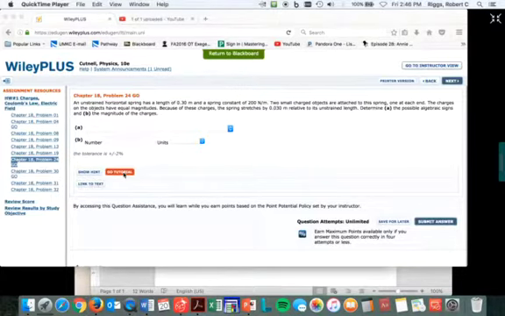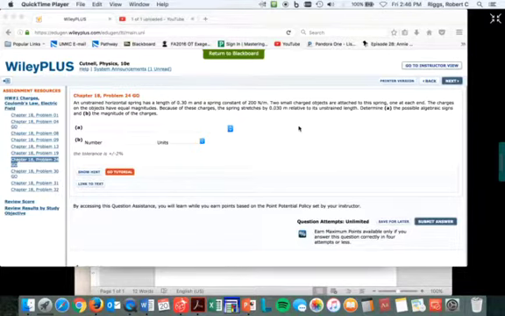So anyway, this is where we're asking about an unrestrained horizontal spring. It is 0.3 meters long, and that's constant, but two small charged objects are attached to this spring, one at each end. The charges on the objects have equal magnitudes. Because of these charges, the spring stretches. So we'll draw a picture of that too.